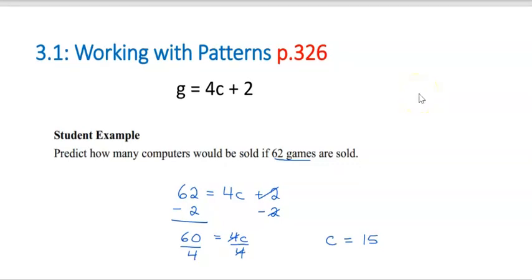In the next video, we'll continue through the student examples and do some more practice together. It takes a little bit of time to work on our master equation. Eventually, we will be looking at y is equal to mx plus b. This is called the equation of the line.